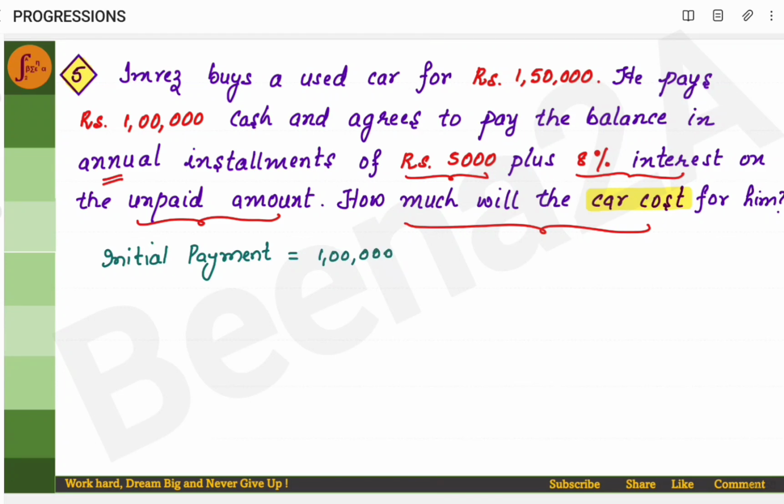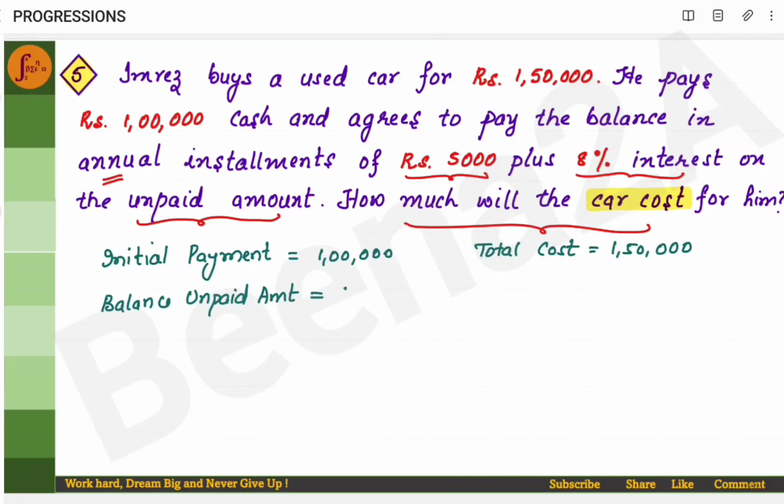Right? And total we know. Total cost of the car is 1,50,000. Now he pays 1 lakh. So what is the balance amount? What is the balance unpaid amount?